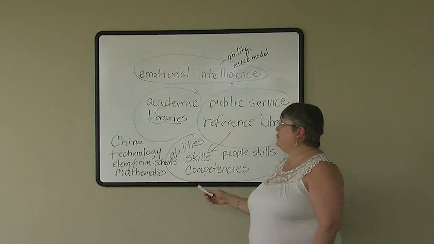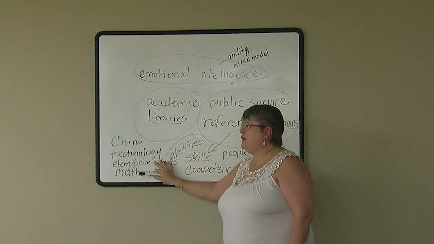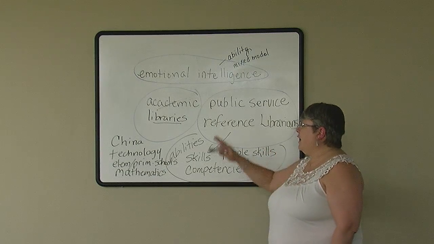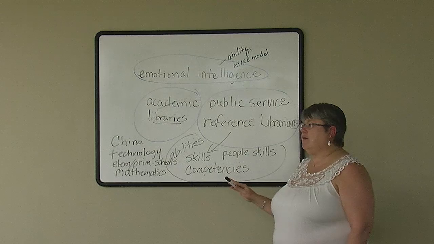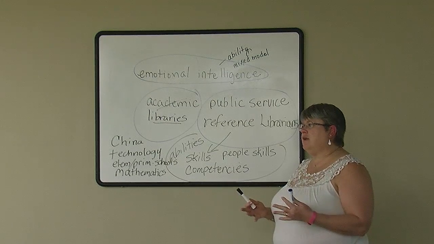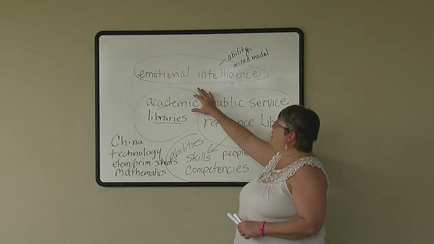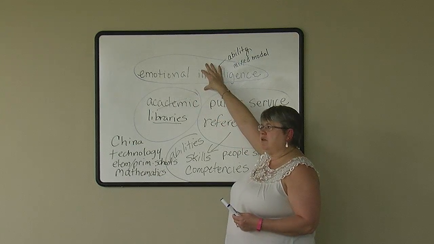So taking your topic, breaking it down into smaller parts, and then what I need to do after I read all of that and I summarize it, that's where I synthesize it and I come to my own conclusions. So when I looked at mine, I thought, this is what emotional intelligence is.